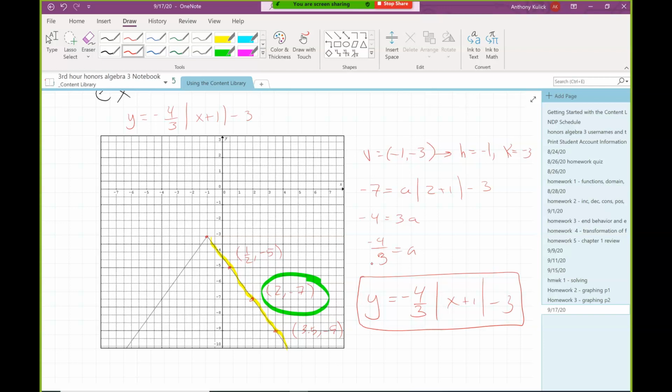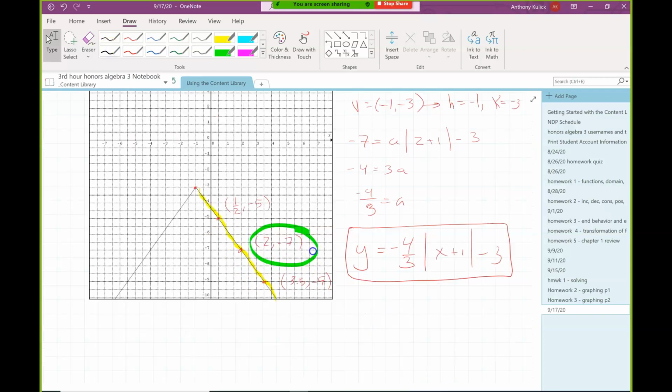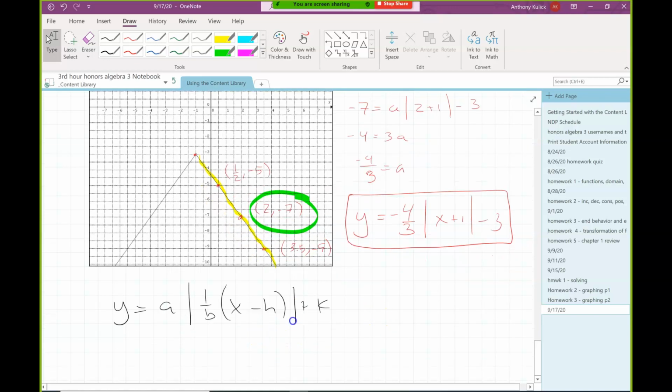There, Joe? So you're not going to be a b? Correct. For absolute values? Yeah, one of the things we did last time was we established that with an absolute value equation, if you include a b, we can simplify that like this.